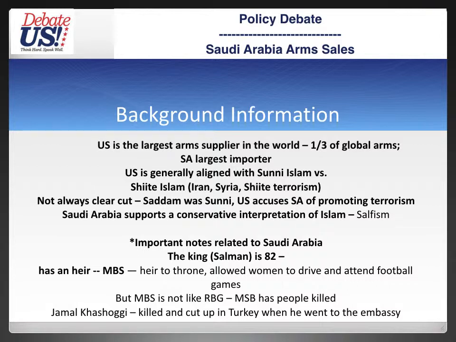He has an heir, his son, who goes by the initials MBS, Mohammed bin Salman, and he is the heir to the throne. At first, when he became more involved publicly, he was seen as a progressive. He allowed women to drive, he allowed them to attend football games, but he's not really a progressive like RBG, like Ruth Bader Ginsburg, right, on the Supreme Court, goes by those initials. He has a lot of people killed.